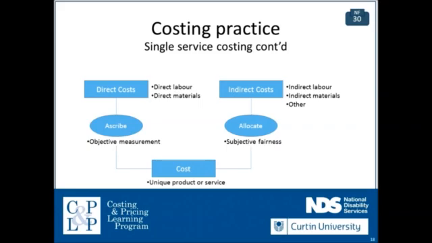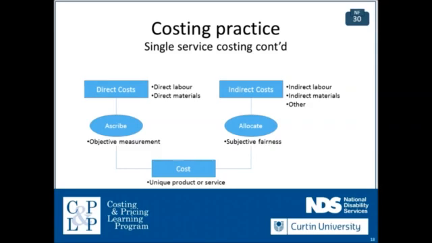For instance, you might currently have a fundraising division in your organisation that raises relatively little funds, but it might have political or other elements of utility that are really important. If you have a fundraising division, though, you need to allocate and ascribe cost to that division, which will reduce the cost allocated to other divisions, and therefore there's a strategic question mark over the number of divisions you might hold and how you might deal with those divisions as you strategize around costing and pricing for your organisation.